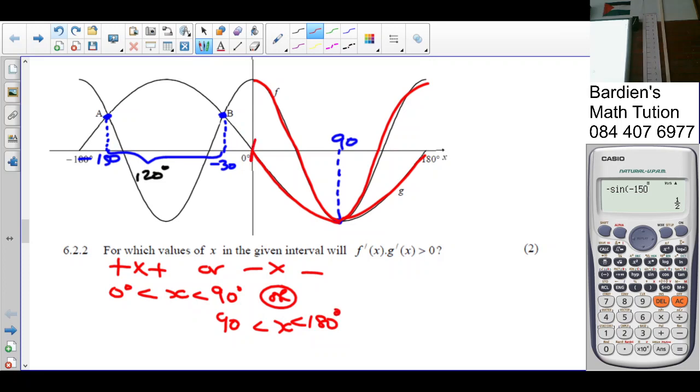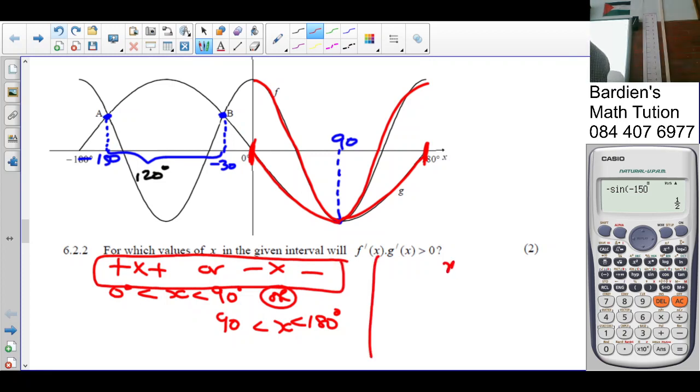Or we can say the graphs satisfy the given condition when x is greater than 0 but less than 180, but x is just not equal to 90, because at 90 degrees both graphs are neither increasing nor decreasing at that point. Alright? Does it make sense? Any confusion?